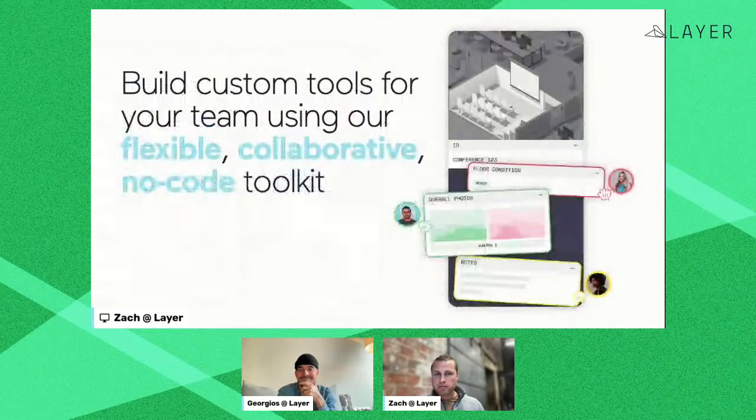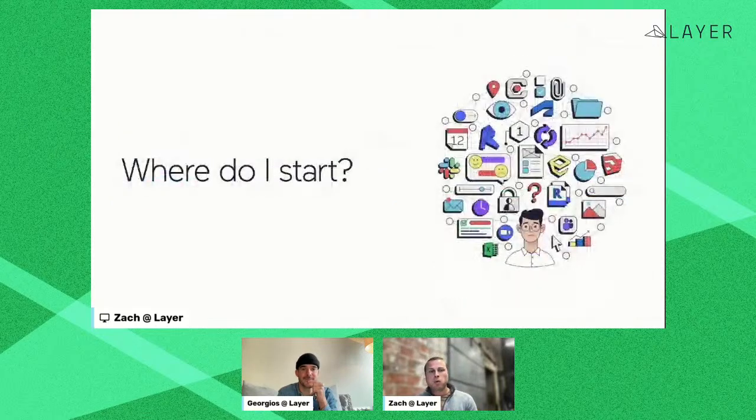Layer then allows you to build custom tools for your team using our flexible, collaborative, no-code toolkit. Basically, we give you a toolkit where you can create your own workflows and deploy them across your team and across your projects. One of the major sticking points for us, at least early on, was customers seeing the potential of what Layer could do, but then asking, okay, how do I get started?